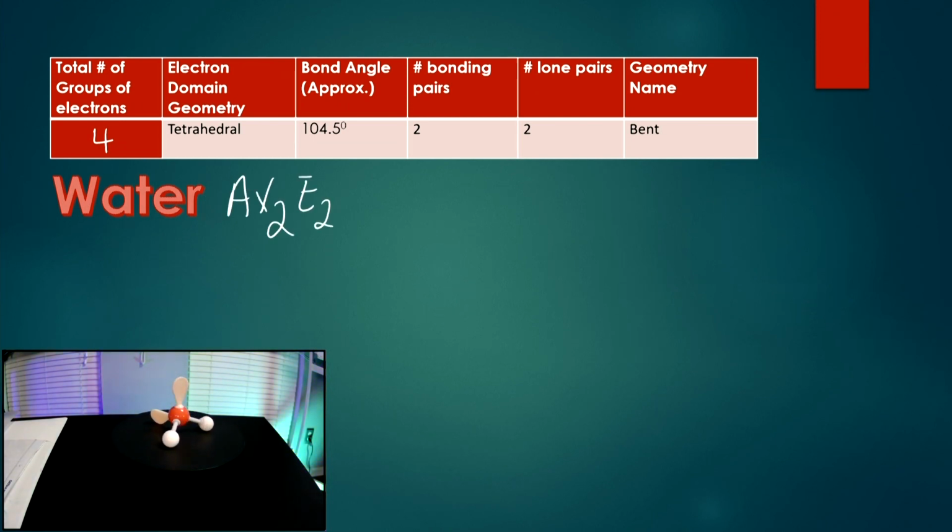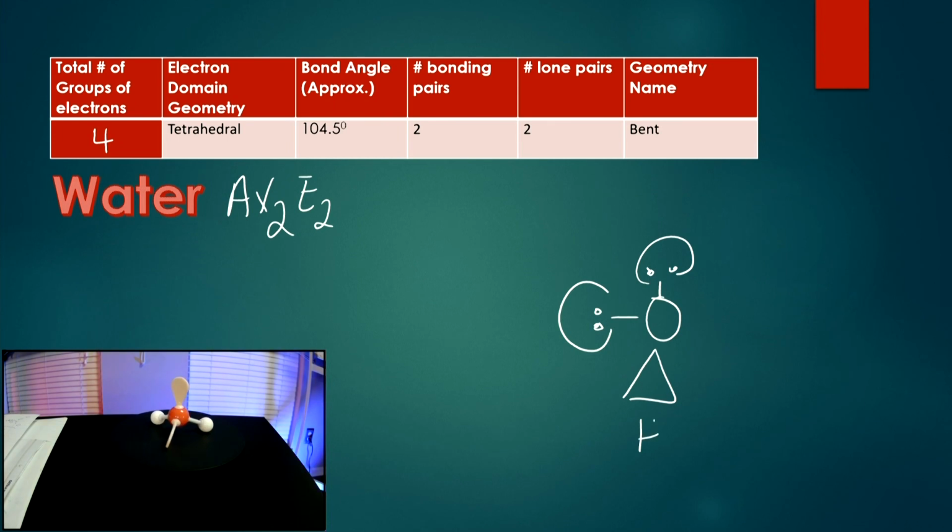So when we're drawing a molecule of water, we know that our oxygen is going to go in the center. There are going to be two lone pairs, so they'll go here and here. And then we'll have our other one over here.